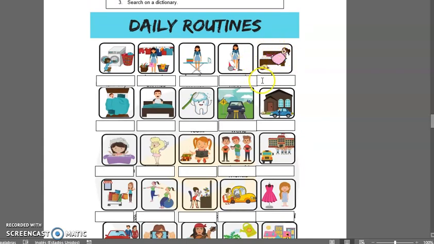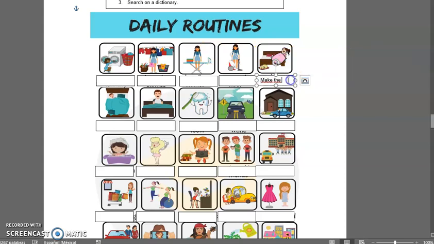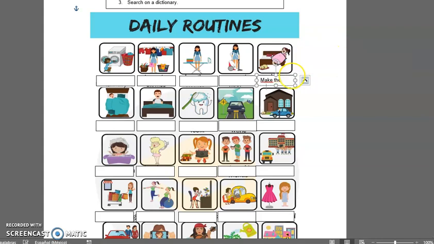If you already know, well, then you're going to write make the bed, okay? In every single blank space, you're going to write the appropriate expression, okay? Make the bed. Here it is. Okay.